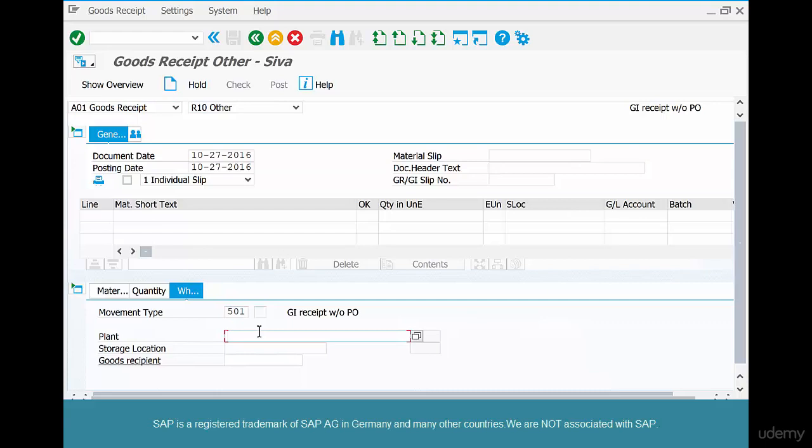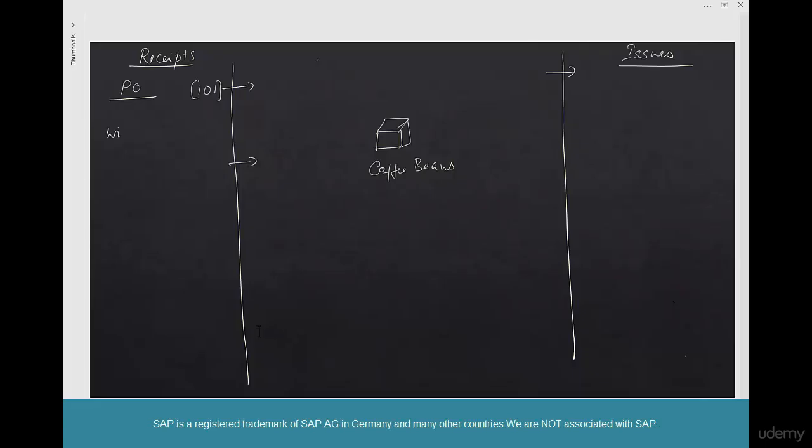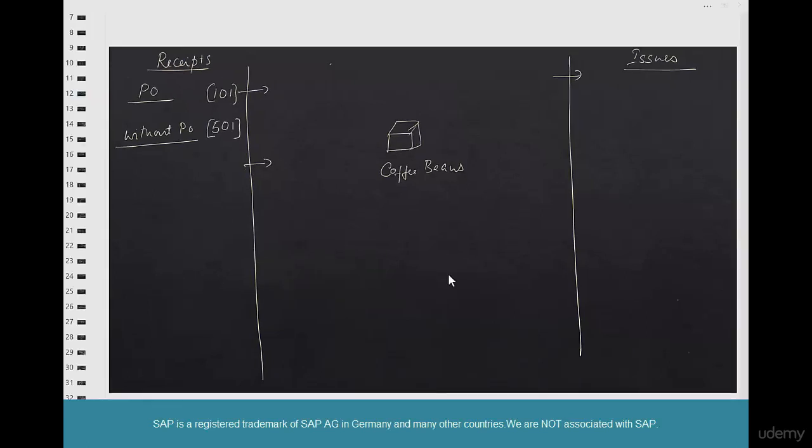You enter the plant, you enter the storage location, you enter the vendor, and that's it. So without PO, the movement type is going to be 501. So goods receipt with a PO is movement type 101, and goods receipt without PO is movement type 501.